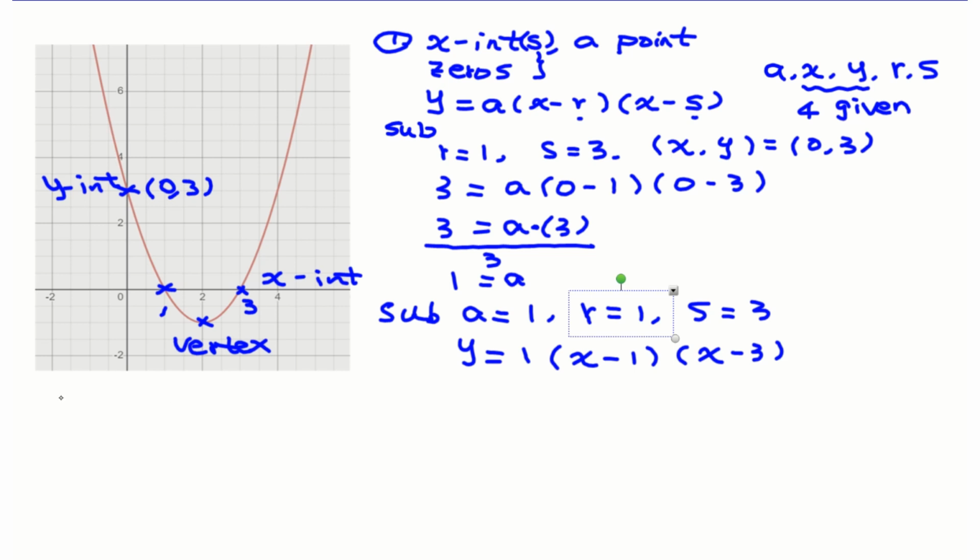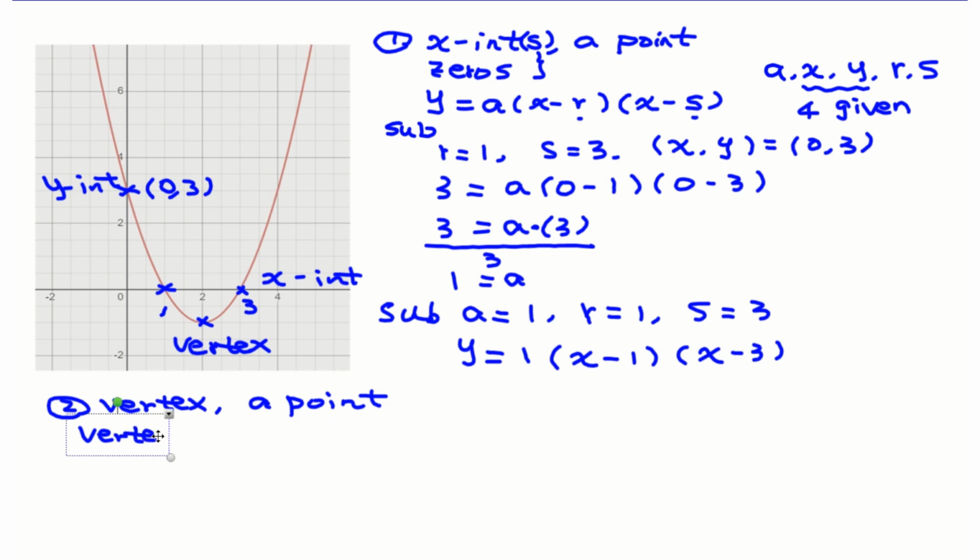If the question gives you not the x-intercepts but the vertex plus a point, then we are going to use the vertex form. From the given graph, we are going to see the vertex (p, q). Then we pick one other point.